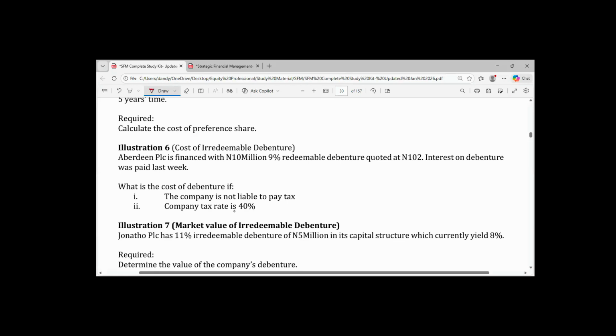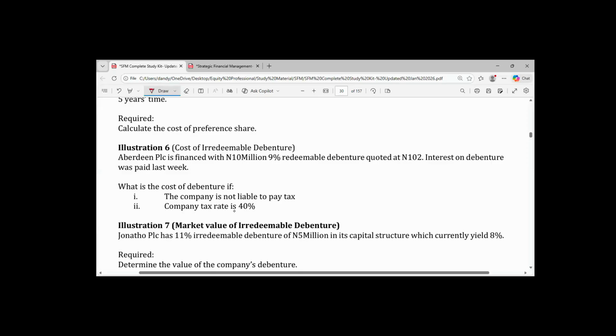There are redeemable or irredeemable debts. We have callable or non-callable debts. We talked about types of debts. We said there are two types of debts. One is traded debts, then two, non-traded debts.